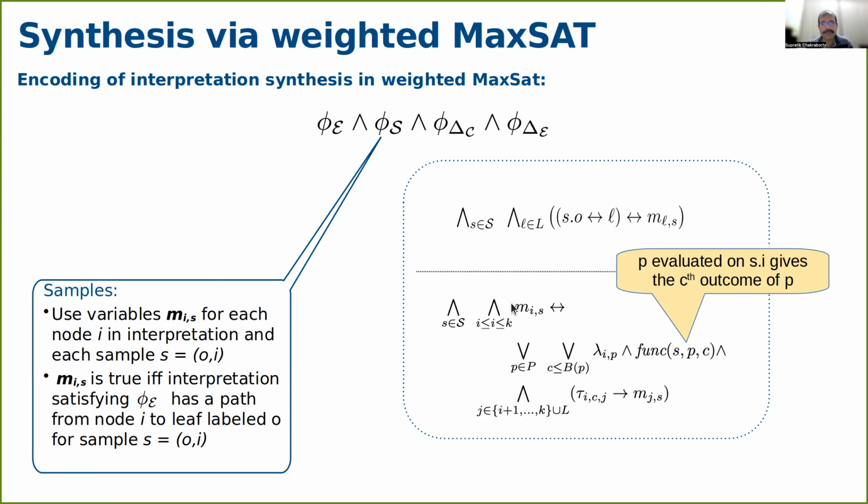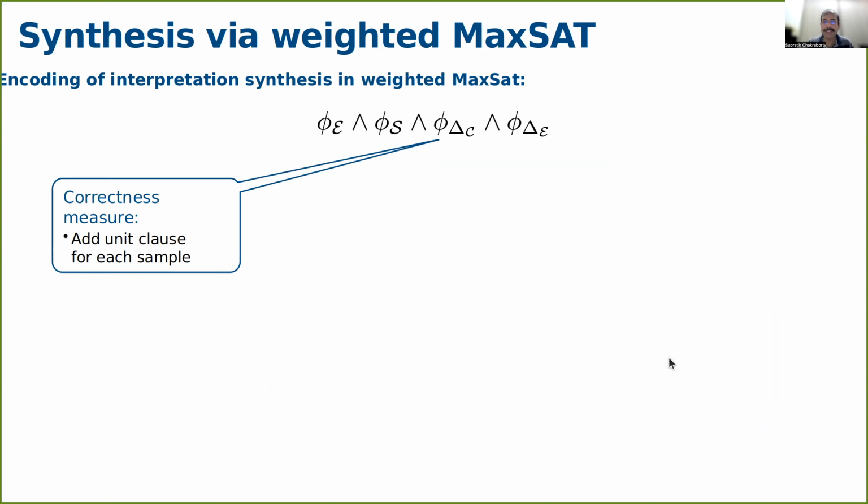And this is inductively defined on the structure of the decision diagram, saying that if there was a path from your child to the right leaf, then there's also a path from you to the right leaf. Okay. Then there's this correctness measure.